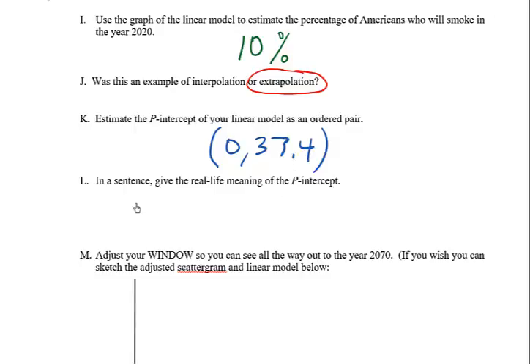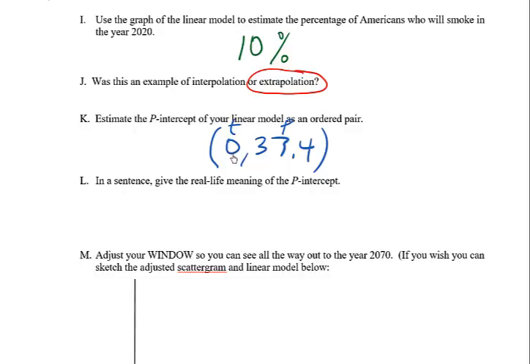All right, part L. Let's go ahead and give a real-life meaning to this ordered pair. Of course, the whole key here is understanding that in this problem, the first coordinate is always a T, and the second coordinate is always a P. T stands for number of years since 1970.